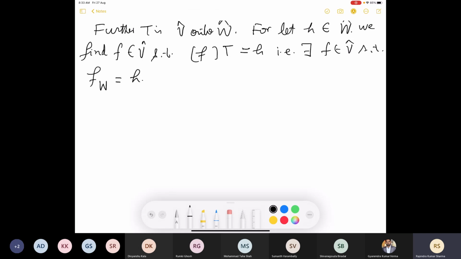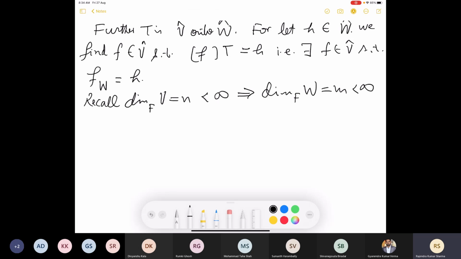That's what it means. Now for this, what we see here is that W is also finite dimensional. Recall that the dimension of V over F, let us take this as n, is finite. This makes the dimension of W over F, say m, also finite.